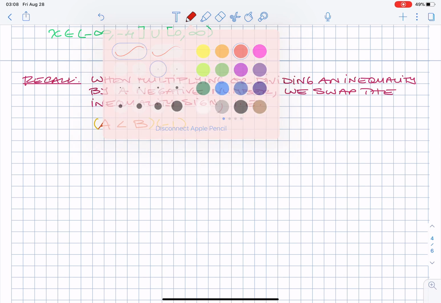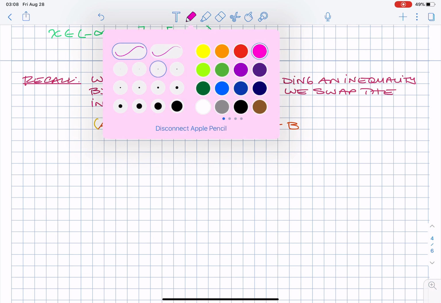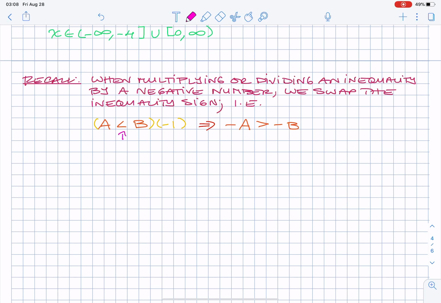Well, this is going to give me negative a is greater than negative b. So not only do I distribute the negatives to a and b, I swap the signs. So notice this less than has become greater than. So swapped.